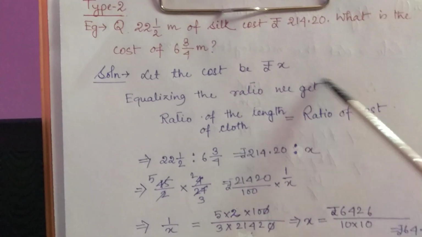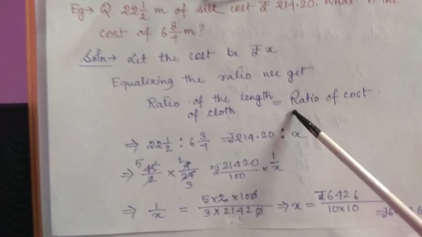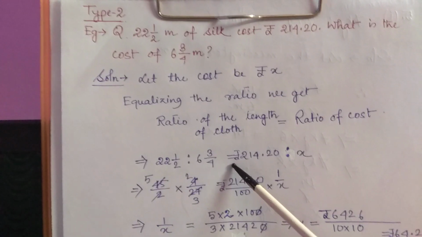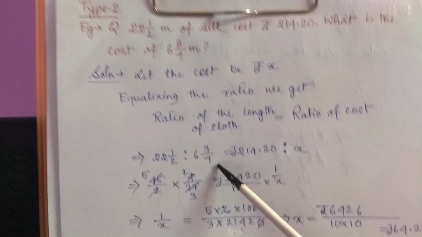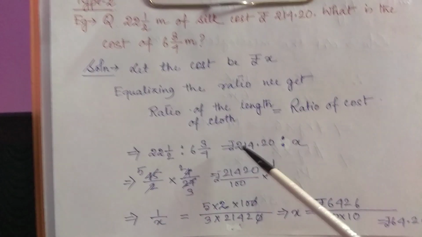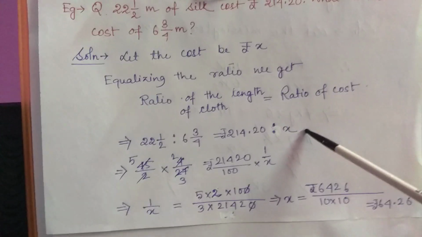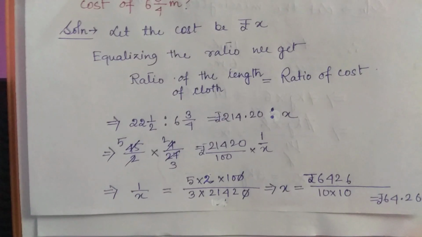Equalizing the ratio we get: ratio of the length of cloth equals ratio of cost. So both the lengths on one side, 22 1/2 is to 6 3/4, and 22 1/2's cost is 214.20 and this one's cost we have considered as x. We all know ratio means divide.